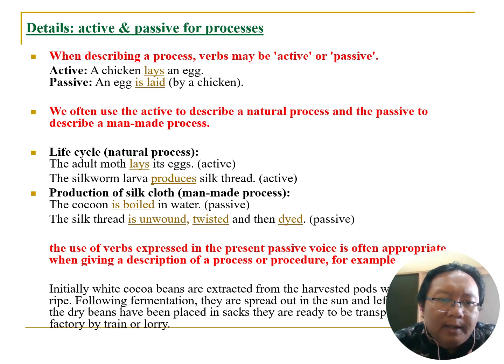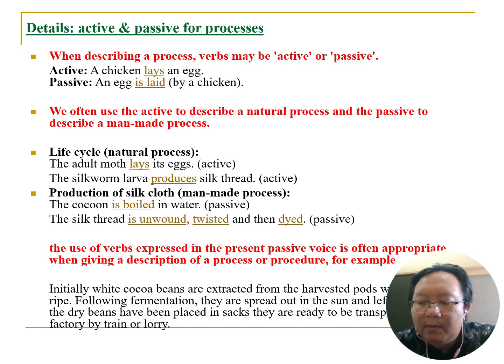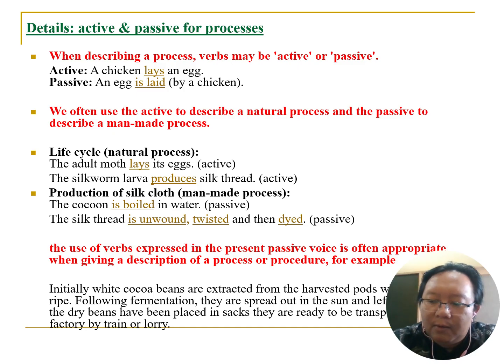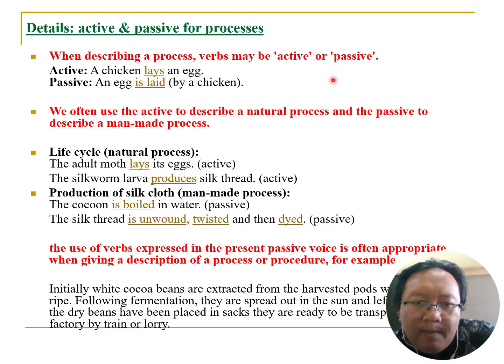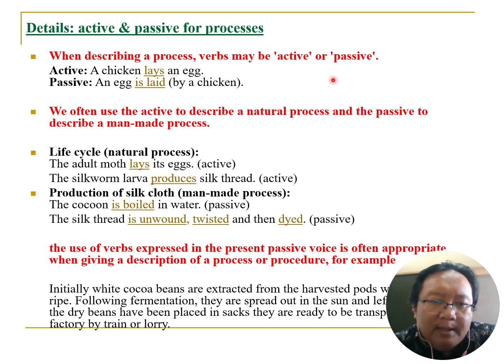And then don't forget, if you try to explain a diagram, there are two things that you need to consider. The first one is the active voice, and the second one is the passive voice. When you are describing a process, the verb may be in active voice or passive voice.